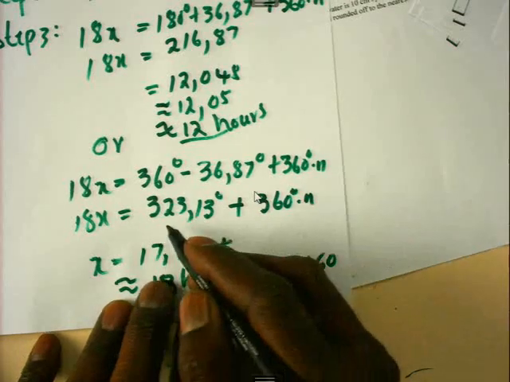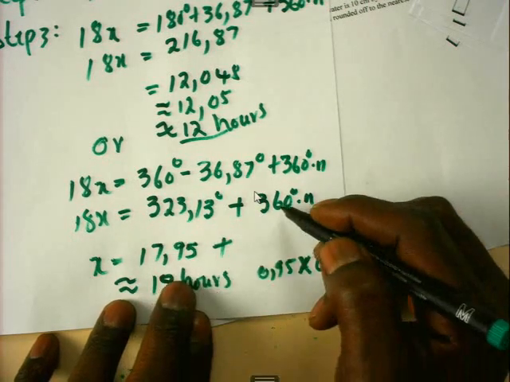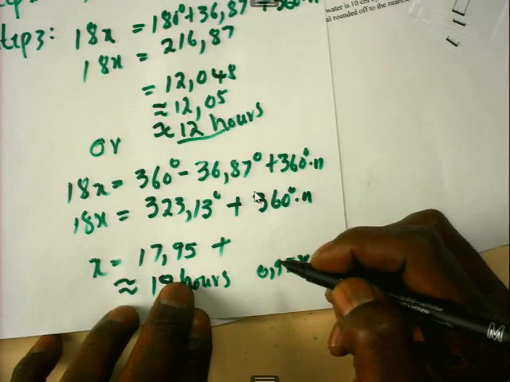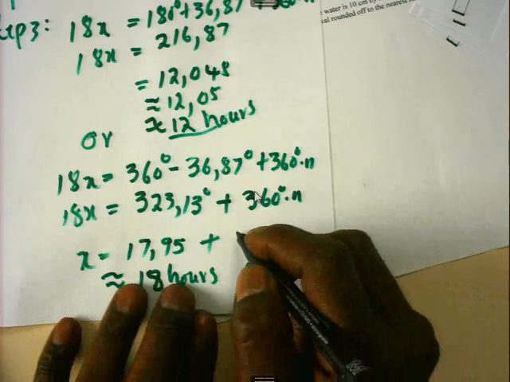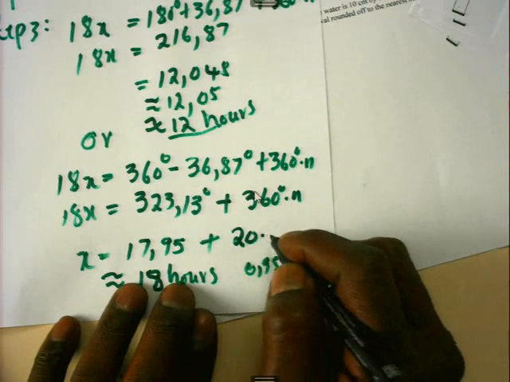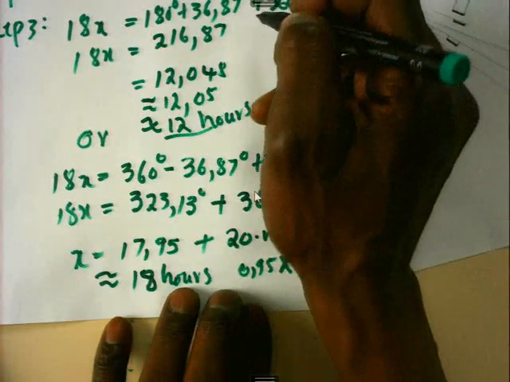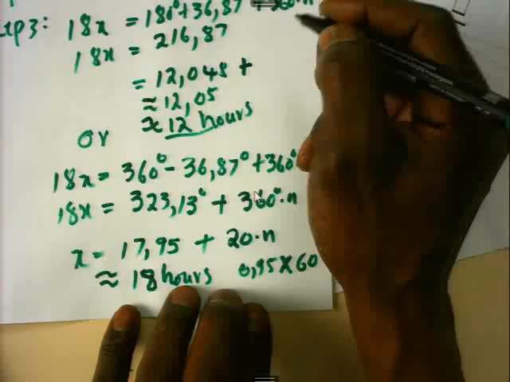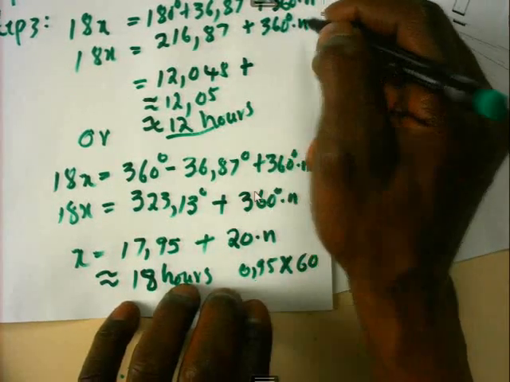Now we have divided this value by 18 to get 17.95. Therefore, we must divide this 360 by 18. If we divide 360 by 18, we get 20 times n. Similarly, we're going to do the same here. This will be plus 360 degrees times n.